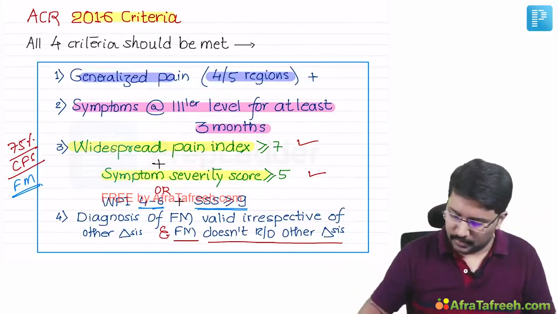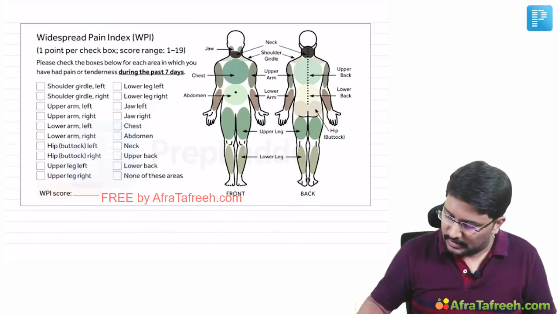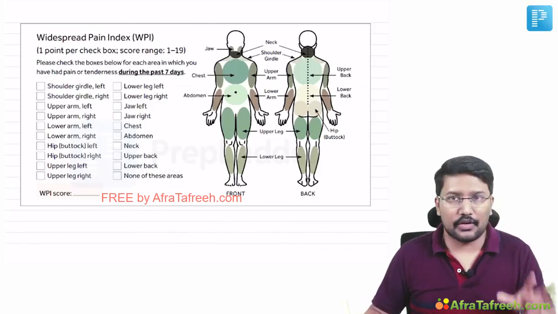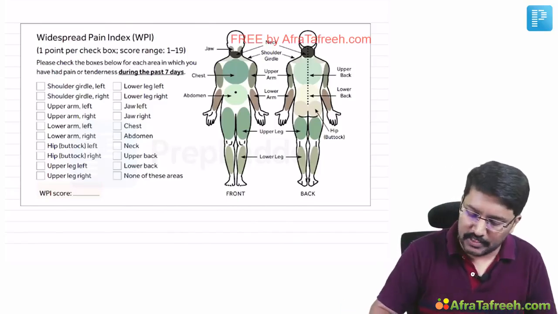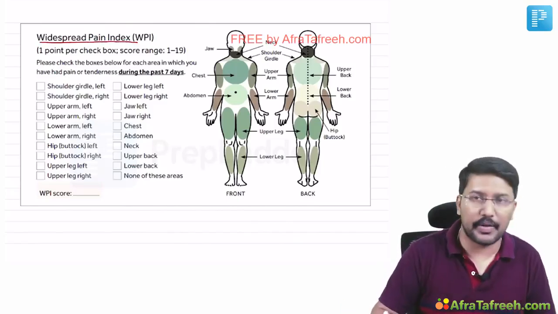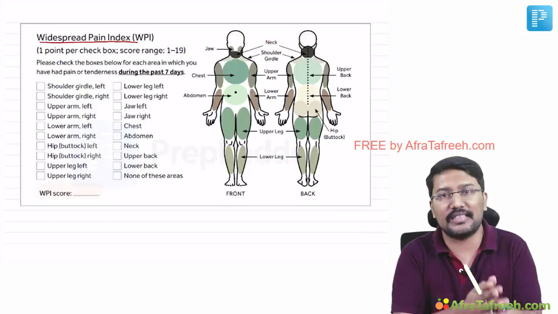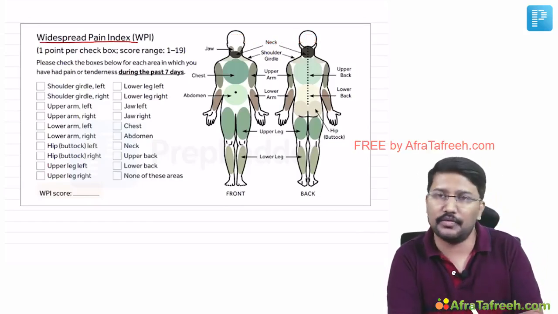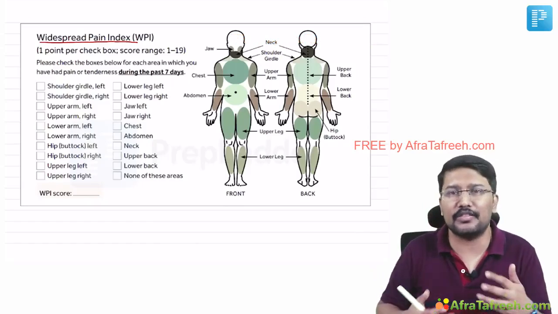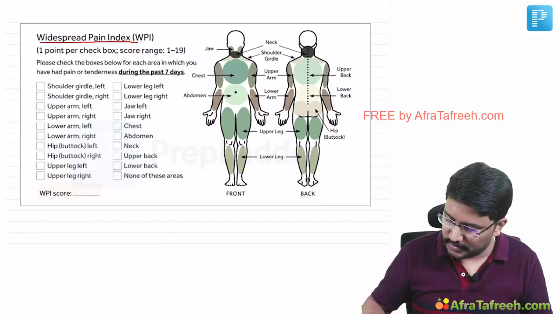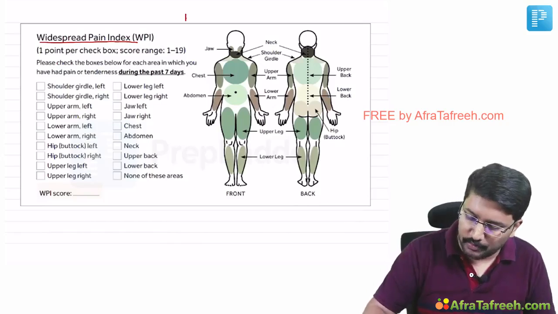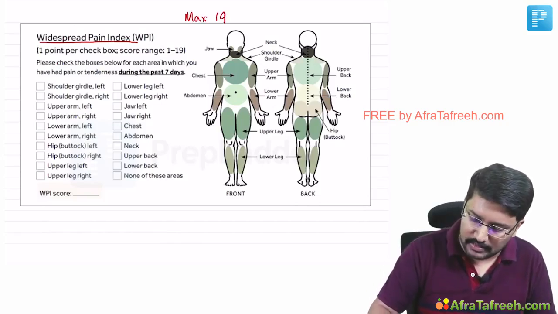Okay, now this is the diagnostic criteria. Now coming to those 2 areas I was talking about, the widespread pain index and the symptom severity score. In the widespread pain index, obviously we are assessing the pain, and the assessment is taken by the patient himself, right? So we give them a chart, or if the patient is not able to tick mark in the chart, maybe we can assist him. From this scoring system, the maximum possible score is 90 and the minimum possible score is 1.